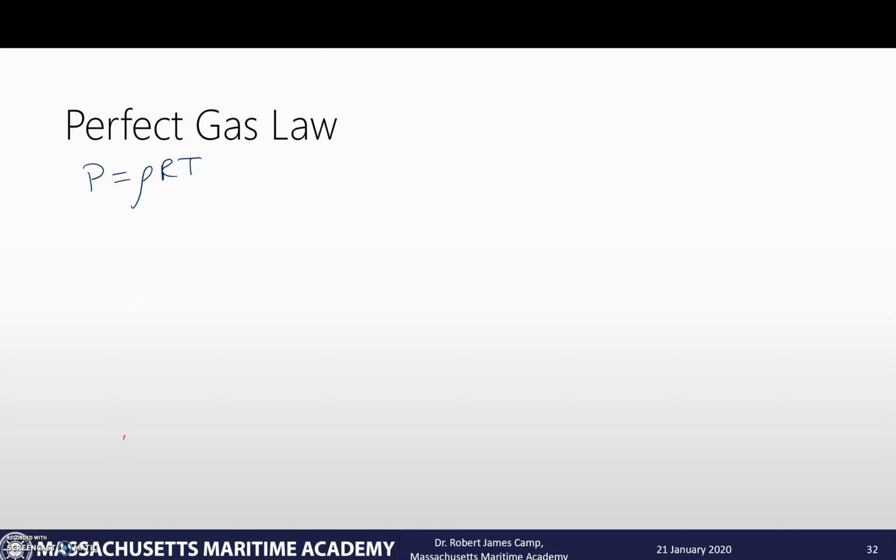Now, the first thing is that R, we have to look it up for different gases. Probably the most important one for us is going to be the R of air. And so air is 287 joules per kilogram Kelvin.